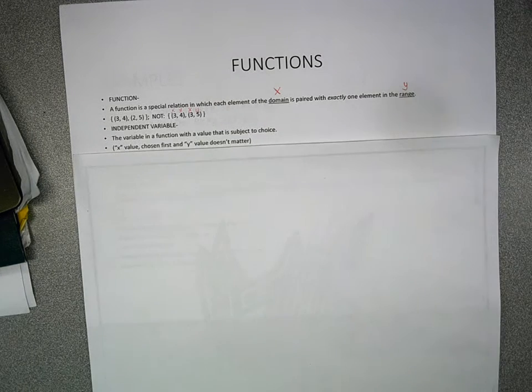This is usually your x value that is chosen first. That is called an independent variable. And the y value will come off of the equation basically. We'll talk more about that.